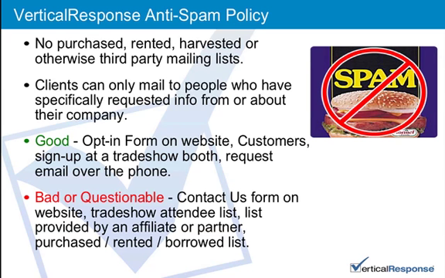So our clients can only mail to people who have specifically requested information from or about their company. And kind of going along with this, a good example of the way that you receive your recipients would be through an opt-in form on your website, where customers sign up at a trade show booth or request email over the phone.